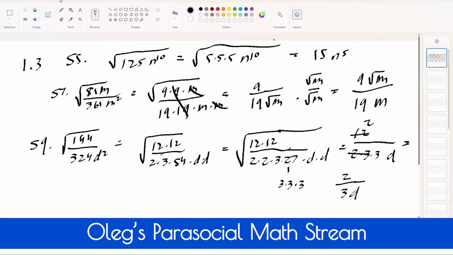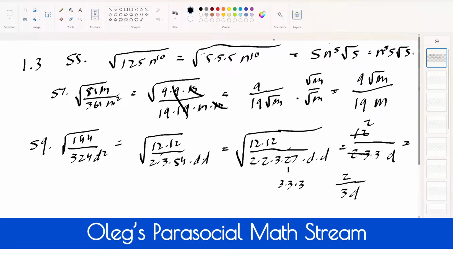Let me just rewrite the whole thing here. So we're going to get 5 n to the 5th power root 5. Or n to the 5th power of 5 root 5. Okay, so that's that.